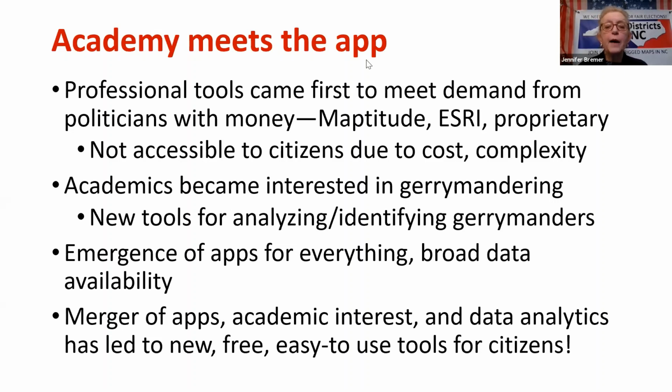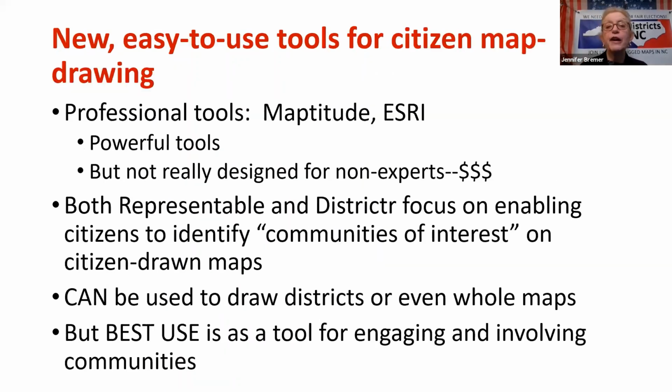And apps are available for all kinds of things, spotting who's near you that's had a positive COVID test, or hunting for gerrymanders. So the merger of the availability of apps, academic interest, and the increasing emphasis on data analytics and map drawing has led to these new free and easy to use tools that citizens can use to push back against gerrymandering.